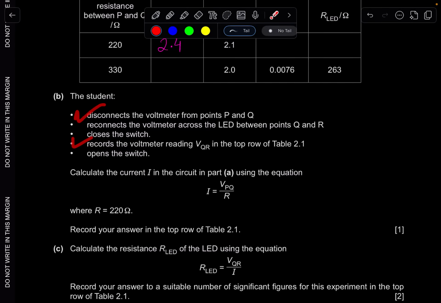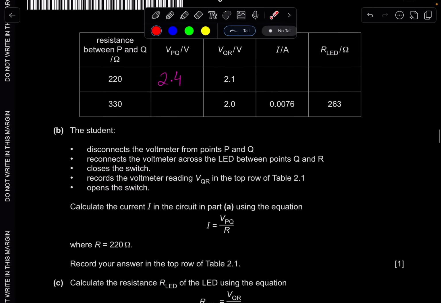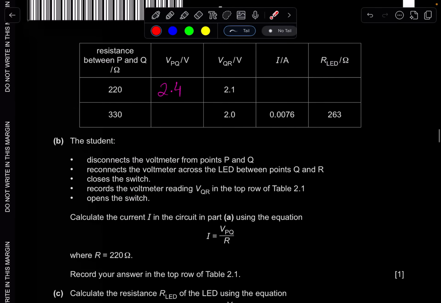Okay. In the next part, they're asking us, they have explained the circuit, they have given the equation for the current. Record your answer in the top row of 2.1. Okay, we have to record the answer for the current in the table. So there we have the table.